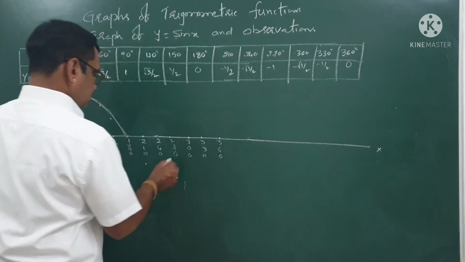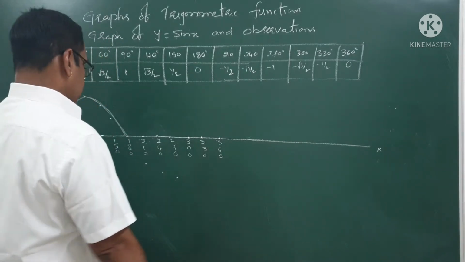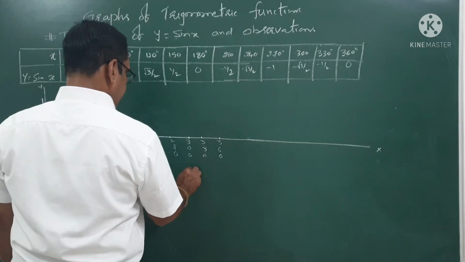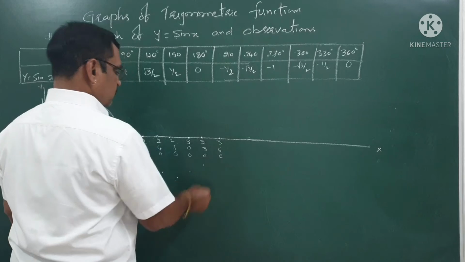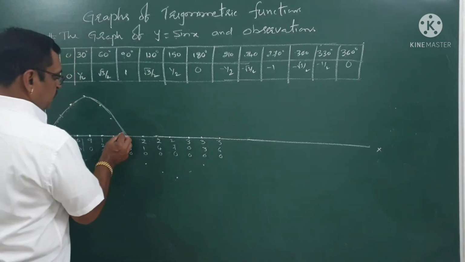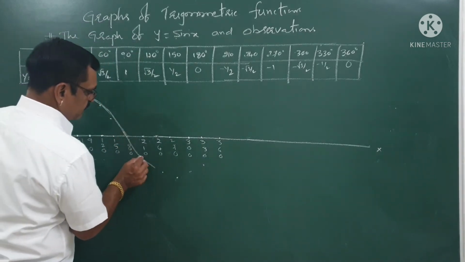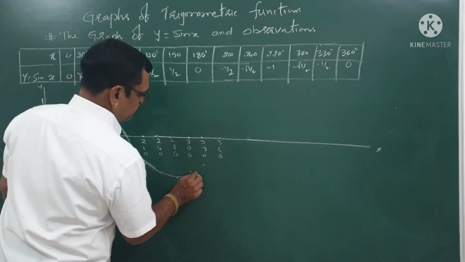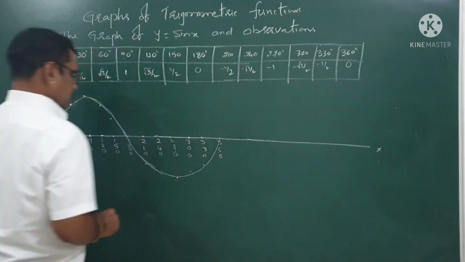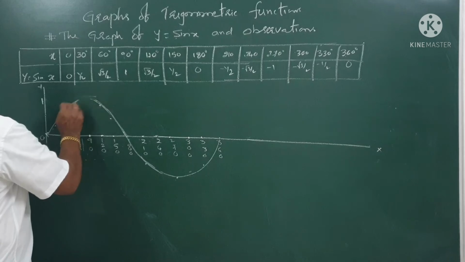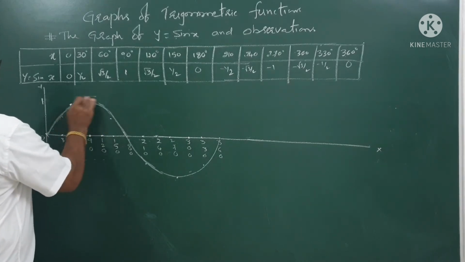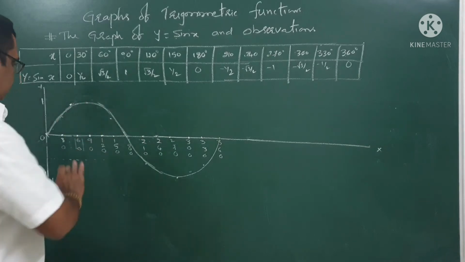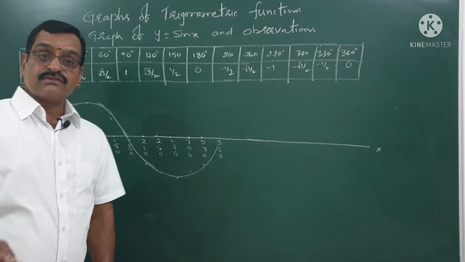Next one, again minus root 3 by 2, again minus half, next to 0. So the graph goes very smoothly like this. This is the graph of the sine function between 0 to 360 degrees.